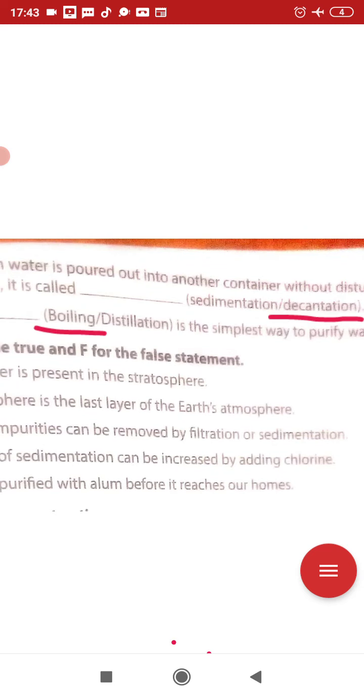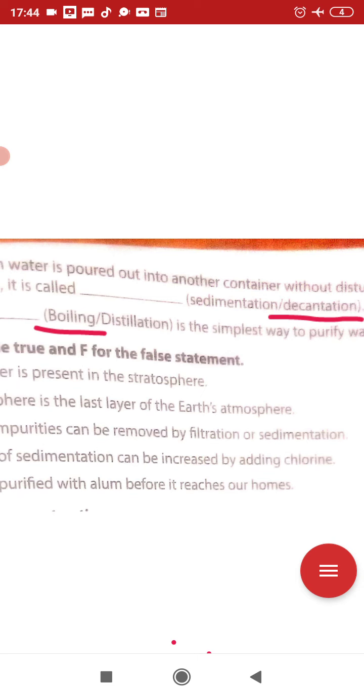Every material has a fixed boiling point. The boiling point of water is 100 degrees Celsius. If water is heated at 100 degrees Celsius, then water gets evaporated, changed into water vapor, and the soluble impurities get settled down in the container or pot. So boiling is the simple method.